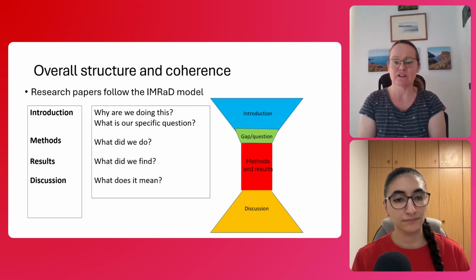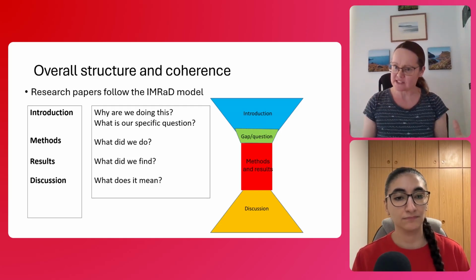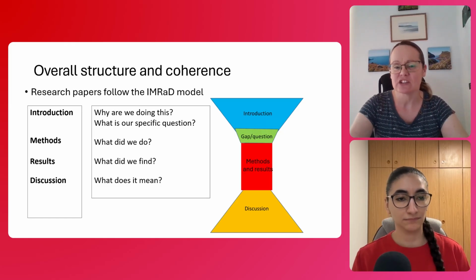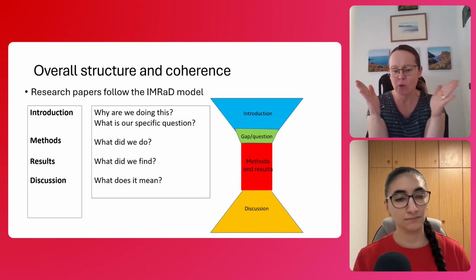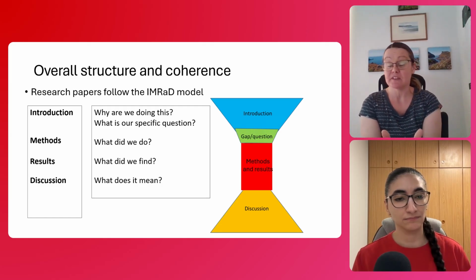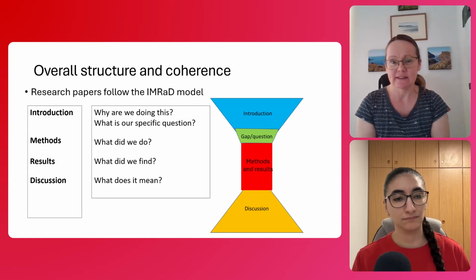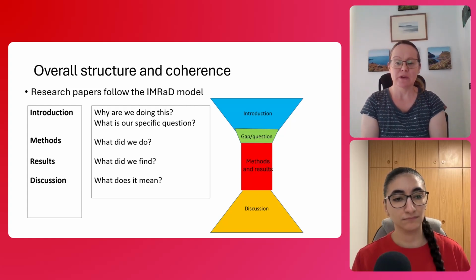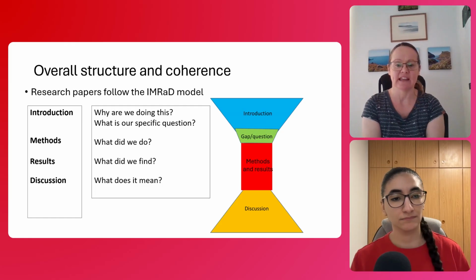We're letting the reader know everything they need to know to understand the study in a broader sense. And then gradually, we start to narrow our focus down as we hone in on the specific knowledge gap or the specific problem that we want to address in this study. And there we also ask a very specific question.